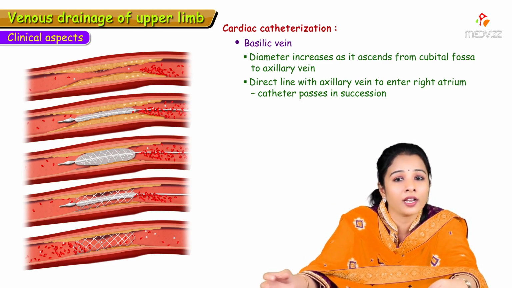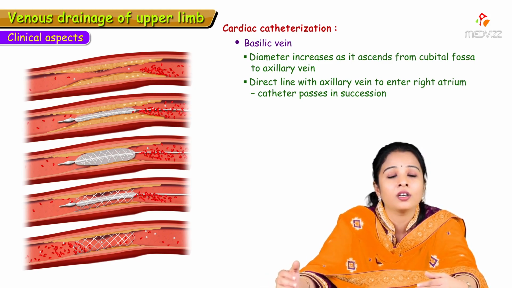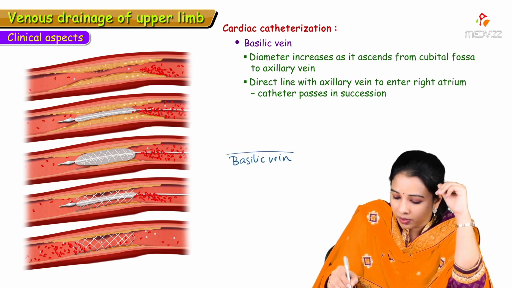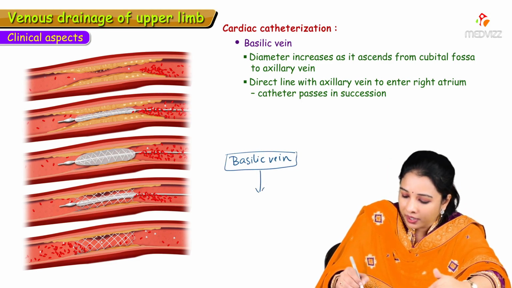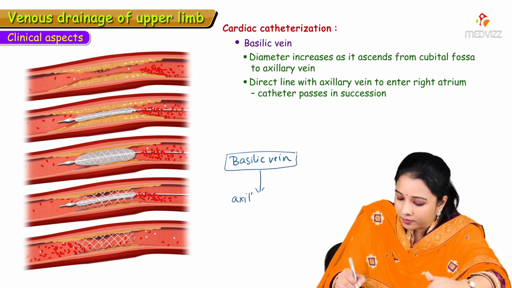And to enter the right atrium, the catheter passes in succession, first through the basilic vein. From the basilic vein we pass the catheter into the axillary vein, which is the continuation of the basilic.